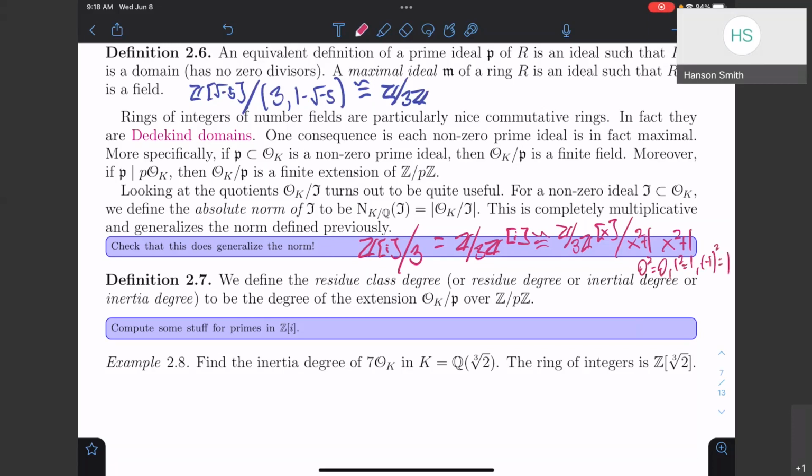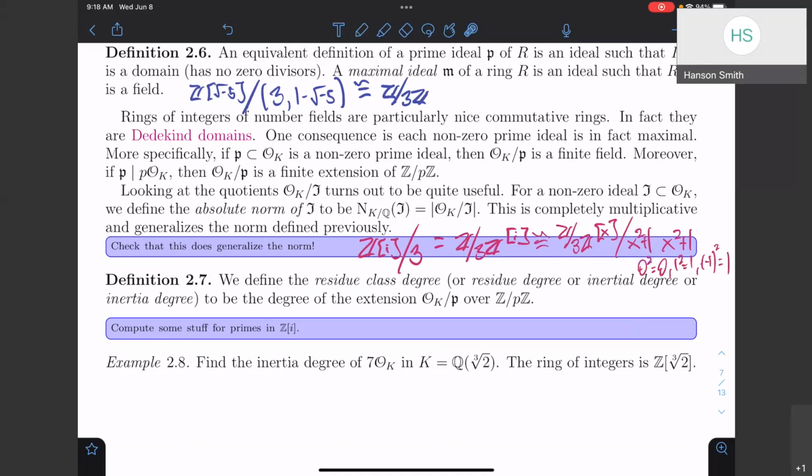I didn't even need to use reduction mod 3 there. But that's the set of all representatives in Z mod 3Z, and none of them square to be minus 1. So this polynomial is irreducible.